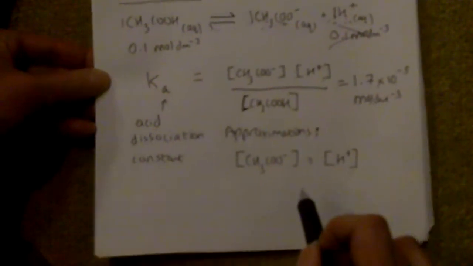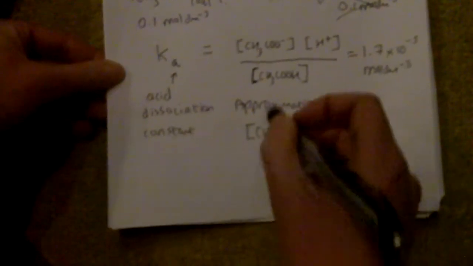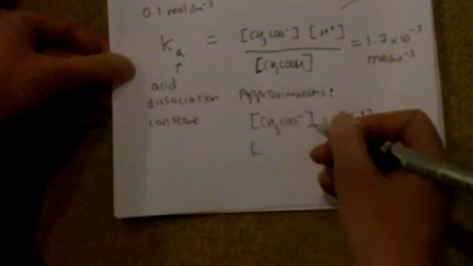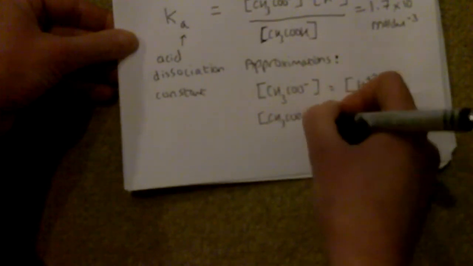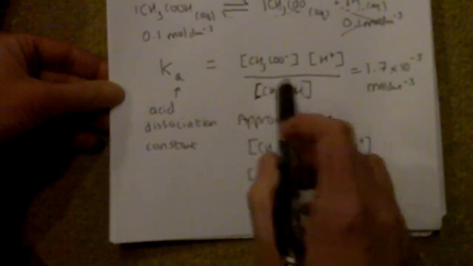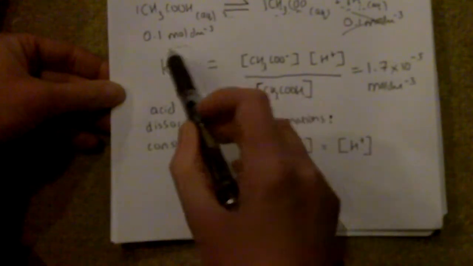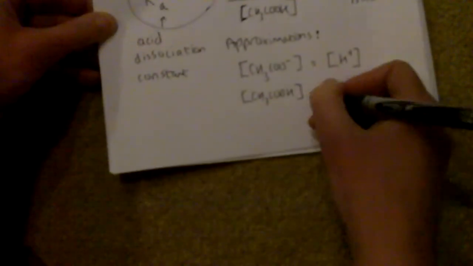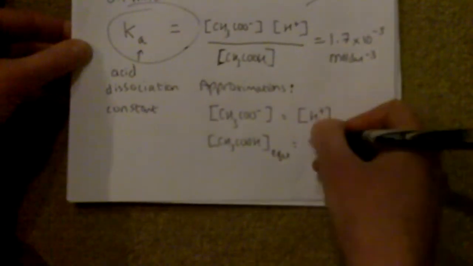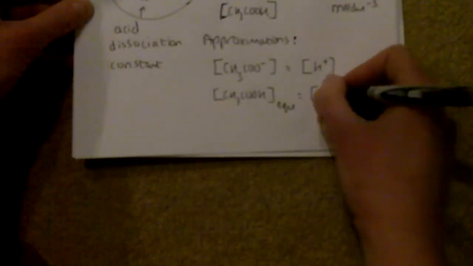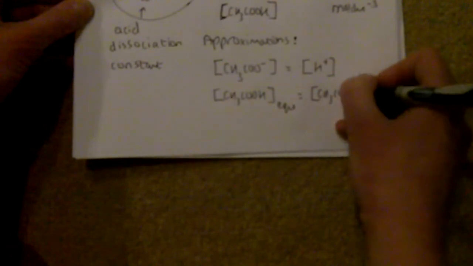Okay, right, another approximation that we say is that the concentration of the acid at equilibrium, because remember that this is at equilibrium, equals the same as the concentration of the acid initially at the start. I just put initial.